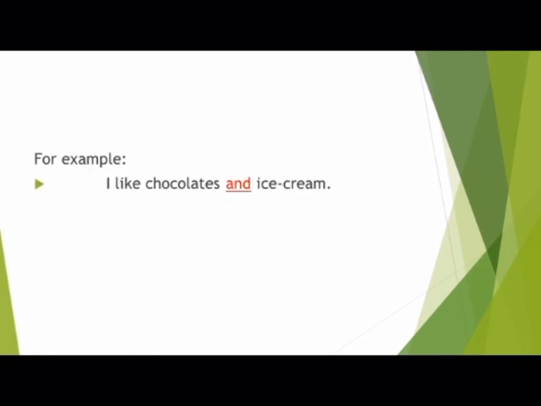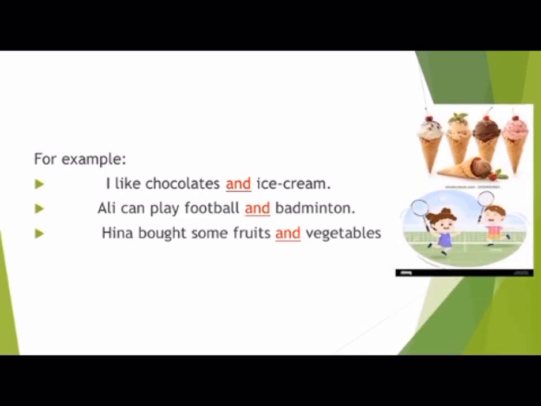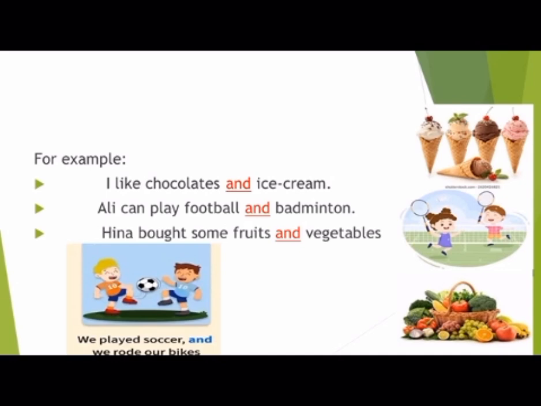I like chocolates and ice cream. Ali can play football and badminton. Hina bought some fruits and vegetables. In these sentences, and has been used to join similar ideas, actions, or to add information.